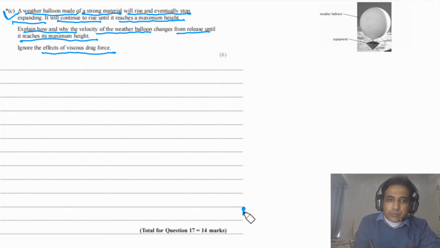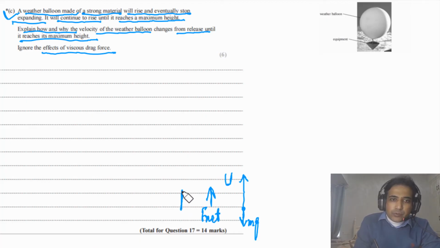So we can take this as the point of release. At this point we have mg and we have upthrust acting on this balloon, so we can label this as upthrust. As upthrust is greater, there is a net force on the balloon, so due to net force this balloon will accelerate in the upward direction. As this balloon accelerates, its speed is increasing.